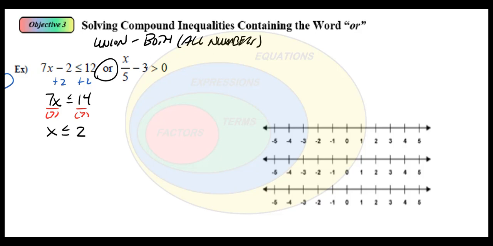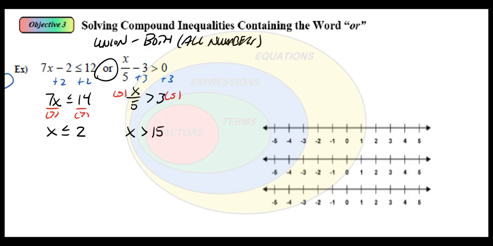On the right side, we can add 3 to both sides, and we end up with x over 5 is greater than 3. And then multiply by 5 to cancel the 5 in the denominator, and we would have x is greater than 15.